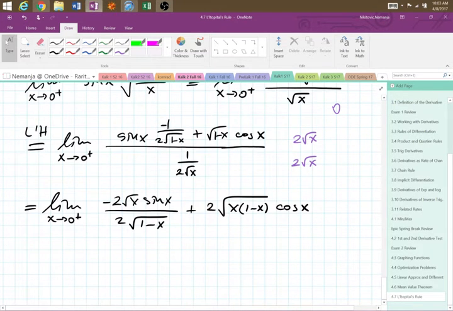And now when you plug in 0, 0 will kill this term completely because root x goes to 0, sine x goes to 0, 1 minus x in the denominator goes to 1. So you have 0 divided by 1. So first term is awesome. Second term, this dies to 0. This is 1. This is 1. So 0 times 1 times 1, right? Still 0. We have 0 plus 0. And as I said, the answer is 0. It's just that I couldn't get it.